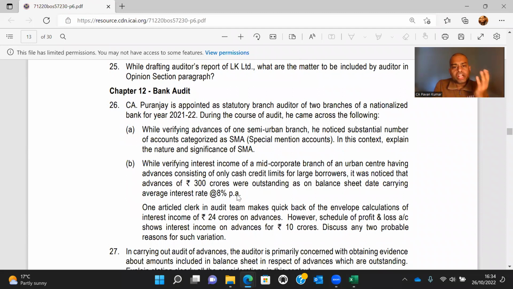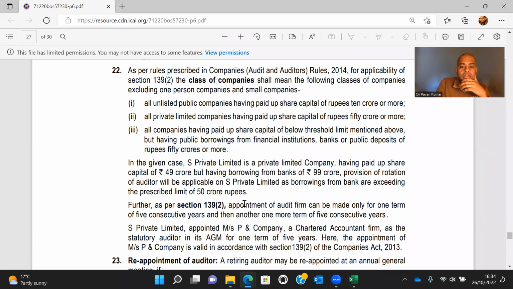No, rotation of auditor is applicable. My question is whether rotation of auditor is applicable. Yes. Can he be appointed again for a second term? No. Correct.